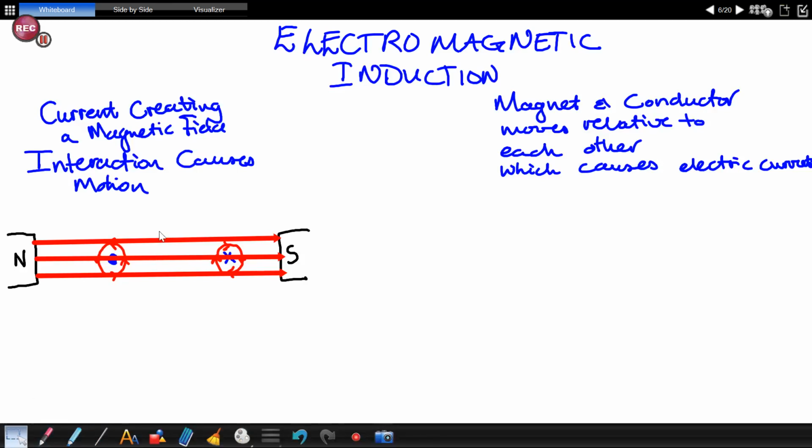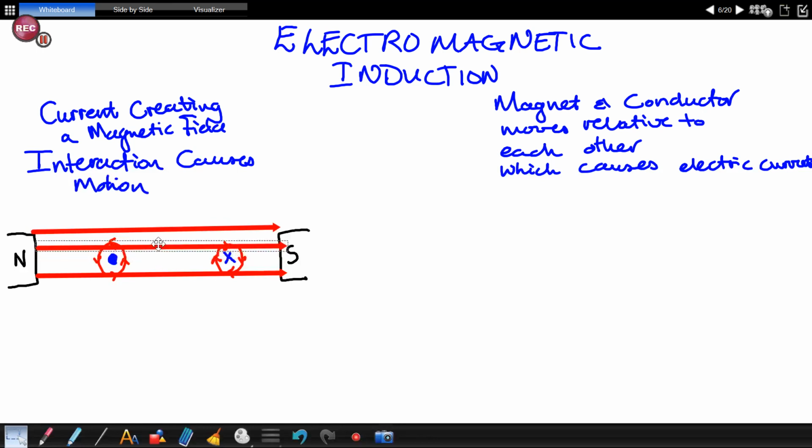Now we can see that there's interaction between those two magnetic fields and this one. We can see that in some places they are perpendicular. There, the conductor's magnetic field will point down and the magnetic field of the permanent magnet is going across.